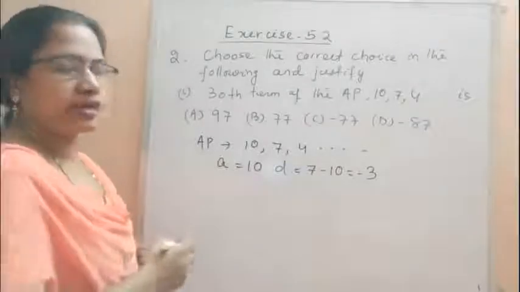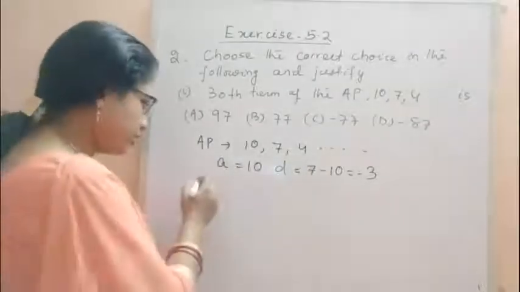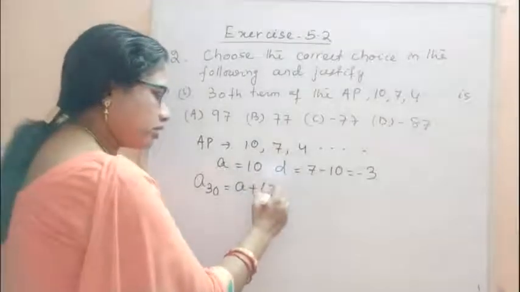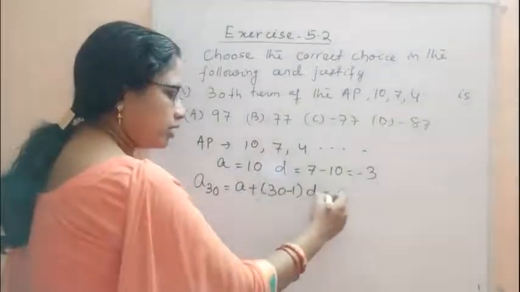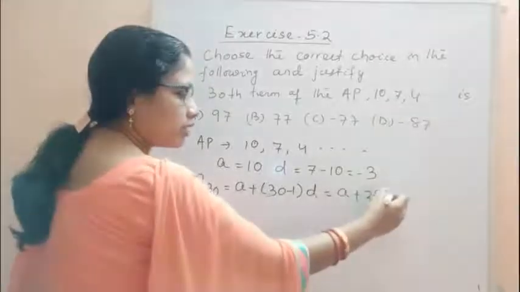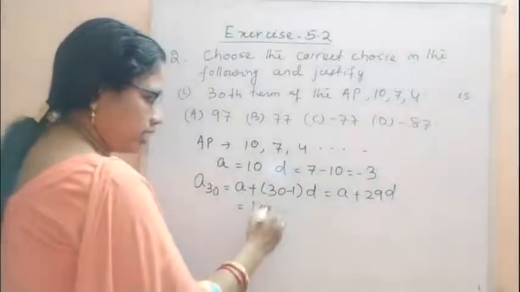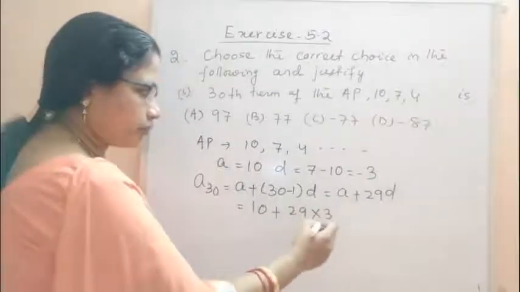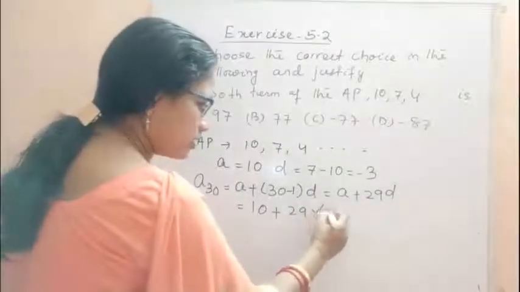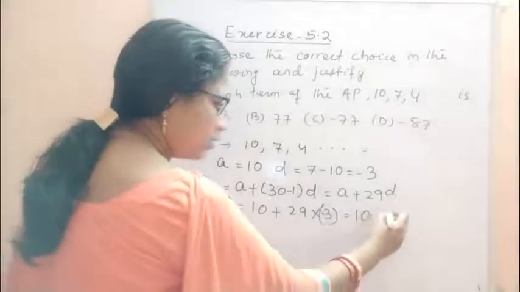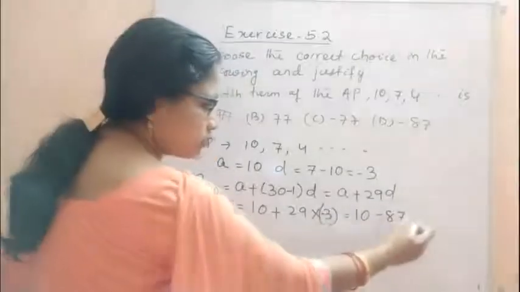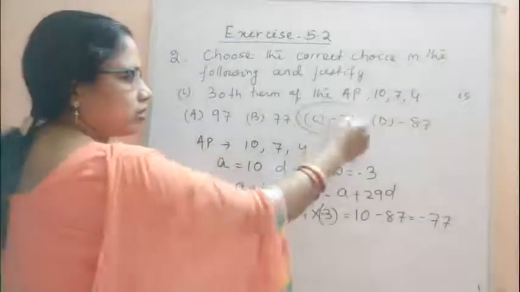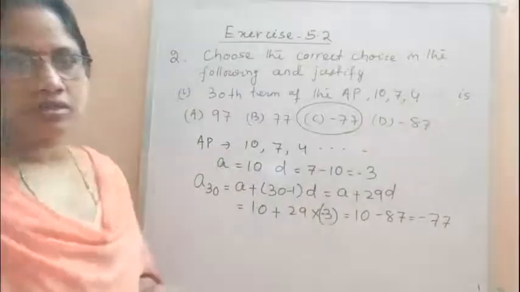Then we have to find the 30th term, that is a30. So a30 is equal to a plus 30 minus 1 into d, that is a plus 29d. So that is 10 plus 29 into minus 3. So this is equal to 10 minus 87, which is equal to minus 77. So here the answer is minus 77.